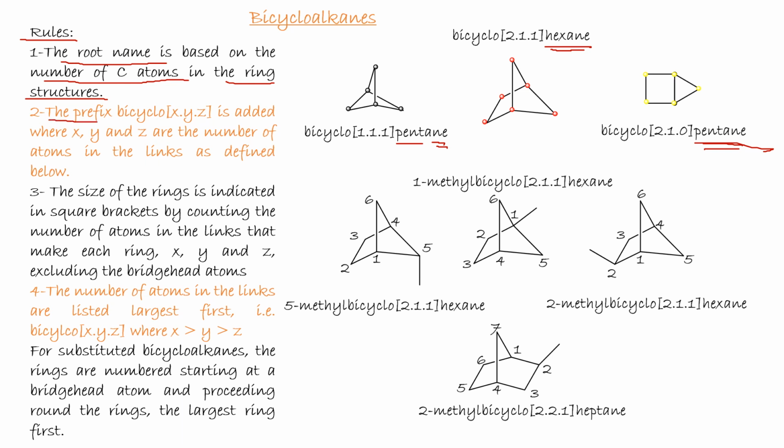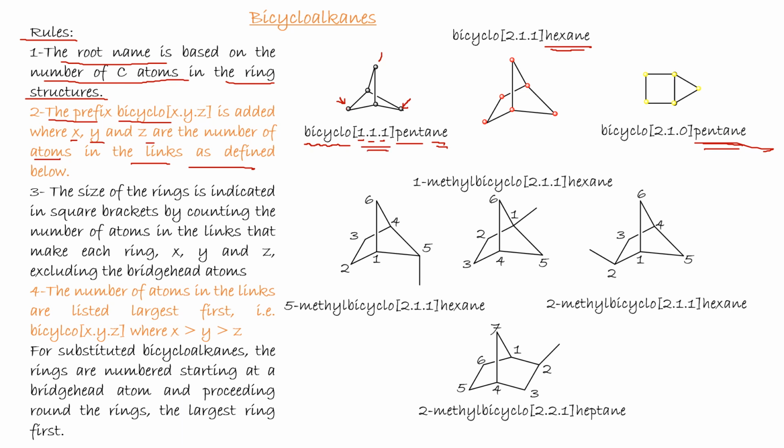The prefix starts with bicyclo. XYZ is added where X, Y, and Z are the number of atoms in the links as defined. In this ring we have 1 carbon, so we add 1. 1 carbon, 1. 1 carbon, 1. So it's bicyclo between brackets 1.1.1, close the bracket.